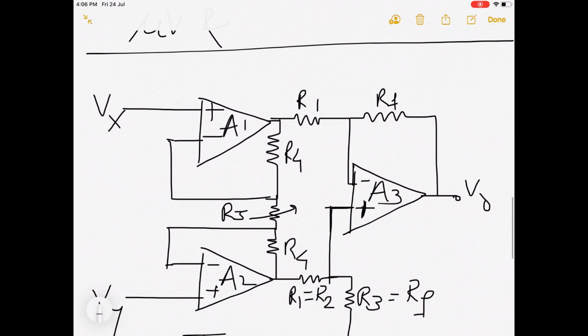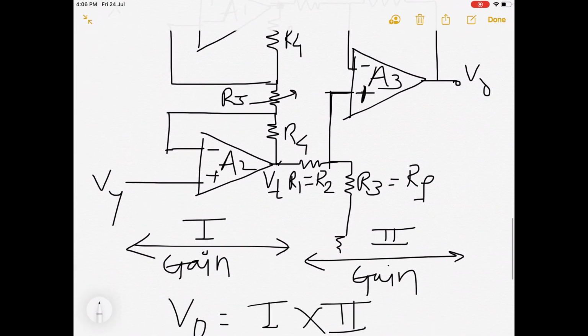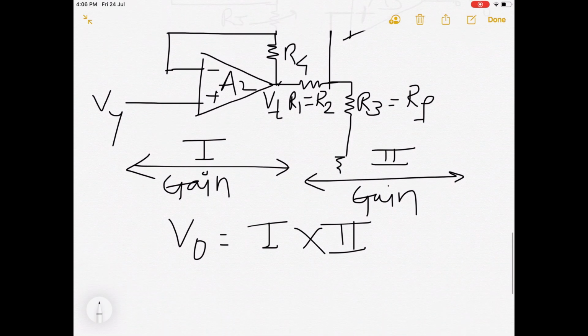So, here we are applying input, and at the output suppose you are getting Vz volts and here we are getting Vt volts. Okay. So, first of all we will derive what will be Vz and what will be Vt.